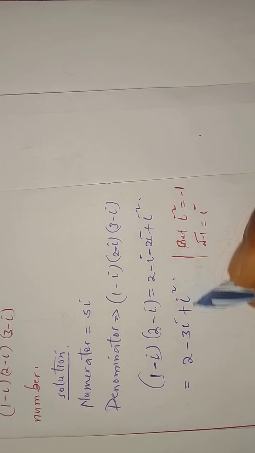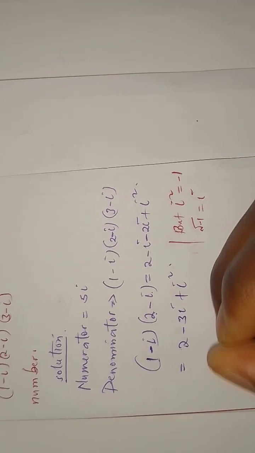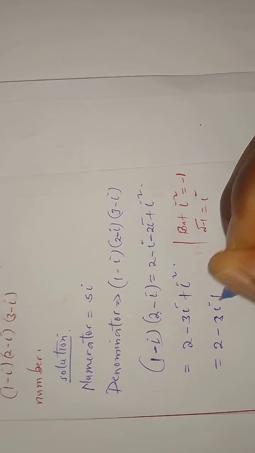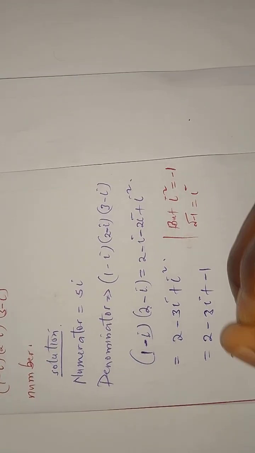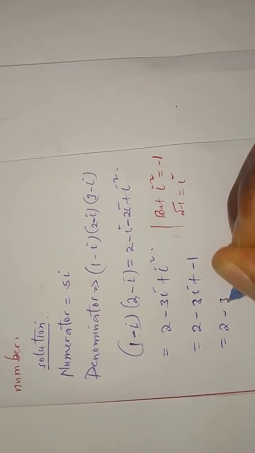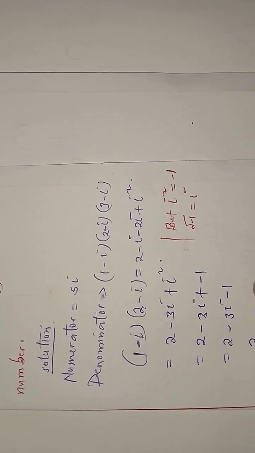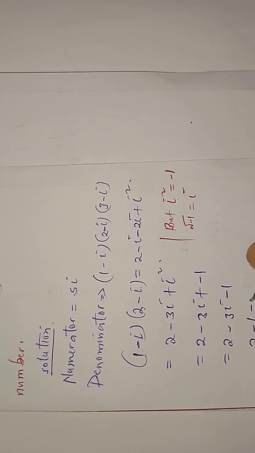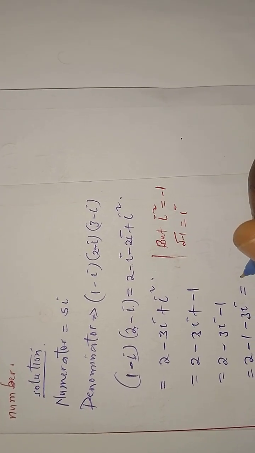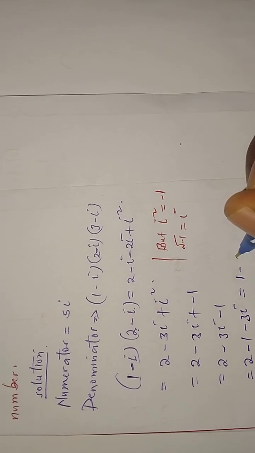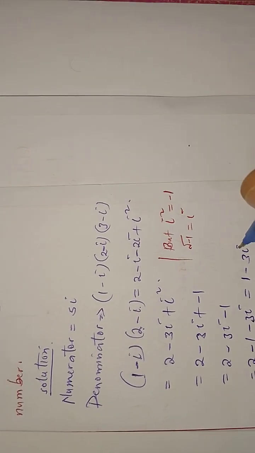We substitute this with negative 1, and we have 2 minus 3i minus 1. We collect like terms: 2 minus 1 is 1, minus 3i.